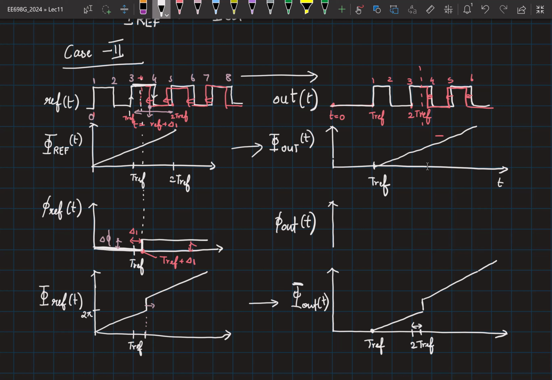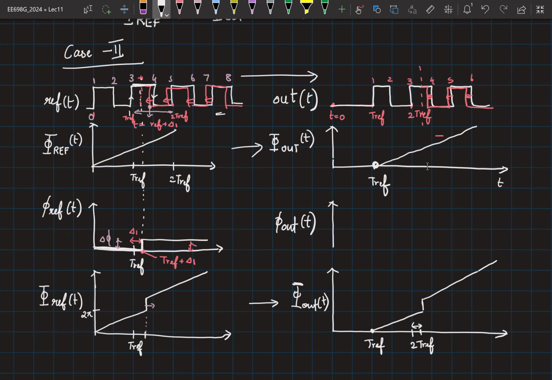Okay, so let's quickly complete the right side of the plot, because as you saw, this is part of the question paper. How would we do it? Out of T is simply a delayed version of reference of T, right? So all the edges, as they appear at the reference, have to get delayed by one more T ref, right? We have already plotted how the phi out of T's large signal picture is going to look like, right?